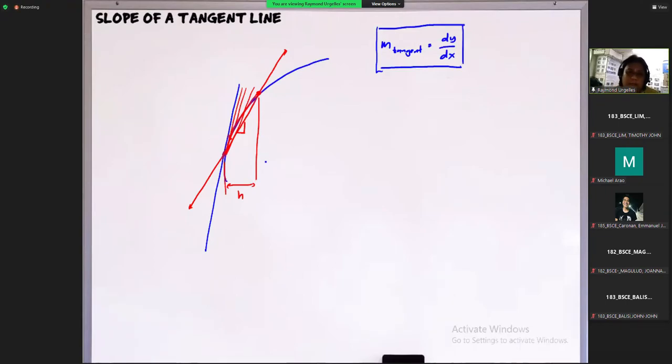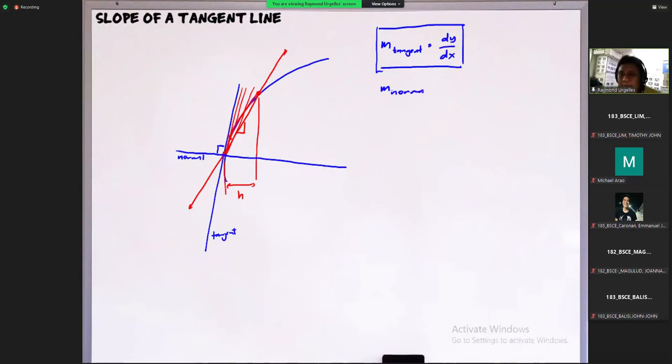Okay? Pag normal line naman yung kinukuha niyo, pag sinabi nating normal line, perpendicular siya doon sa tangent line, kasi dapat dumadaan siya doon sa center of curvature natin. So ito yung normal line, perpendicular siya doon sa tangent line natin. And again, alam naman natin na yung product ng slope ng tangent line at slope ng normal line ay negative reciprocal of each other.